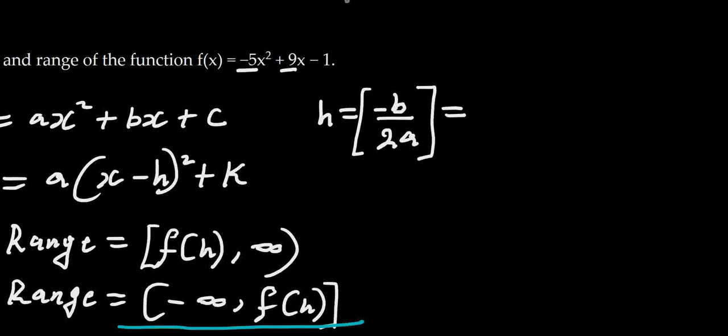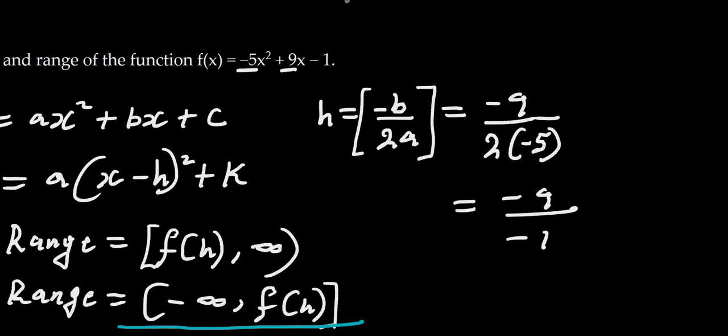And this will be equal to negative 9 over 2 times negative 5. And this will be equal to negative 9 over negative 10. Now, negative is going to cancel out negative from here. Therefore, h is equal to 9 over 10.